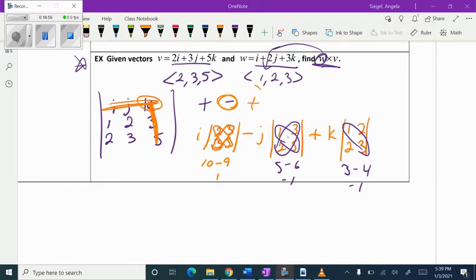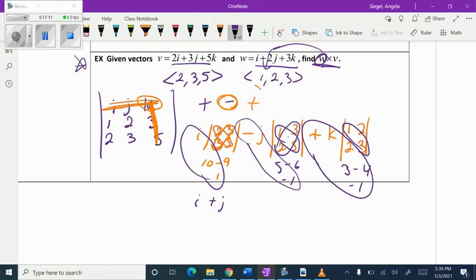So we have this vector: 1i, then minus -j, so plus j, and then minus k. And this is going to be our new vector.